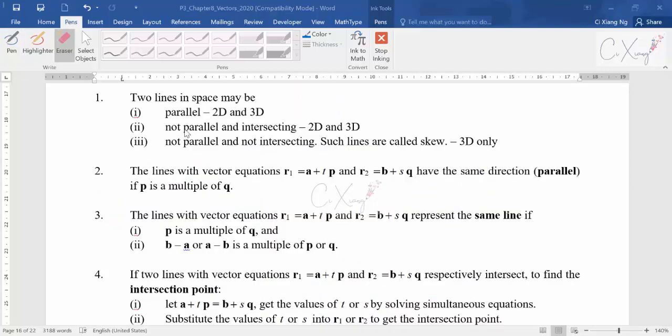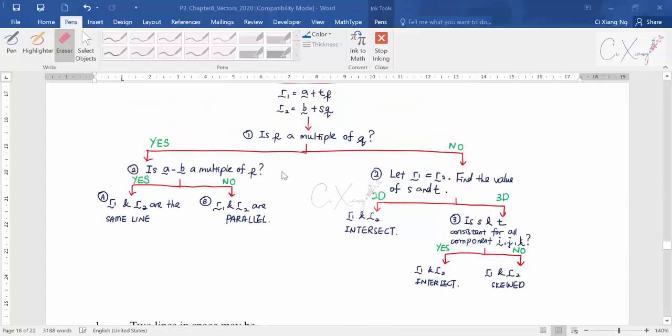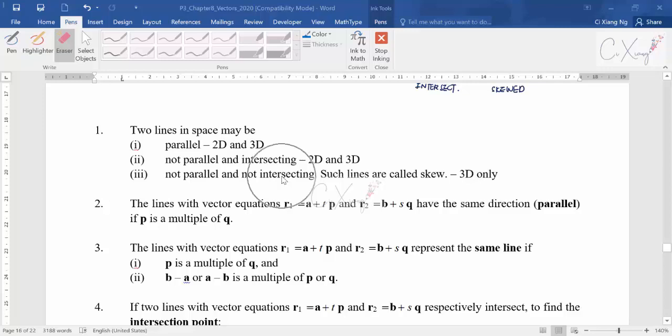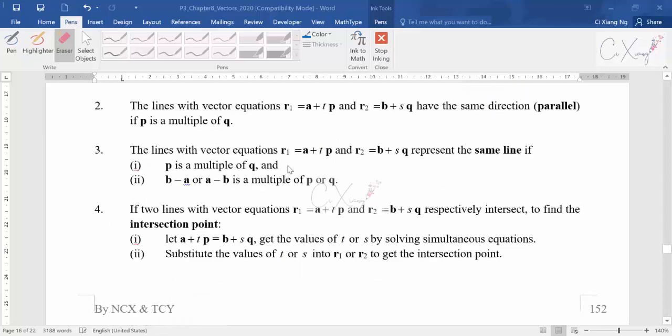Okay, if you scroll further in our notes, you'll see that there are some explanations here. Generally all these explanations are summarized in the diagram that I showed you just now. I'm not going to go through all this in detail, but if you're interested, you can have a look.